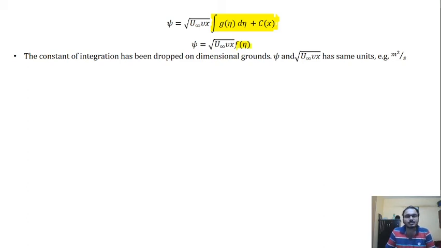Okay, so here the constant of integration has been dropped on dimensional grounds, and now psi, that is our stream function, and square root of u infinity nu into x has the same units, that is meter square per second. We will see this.